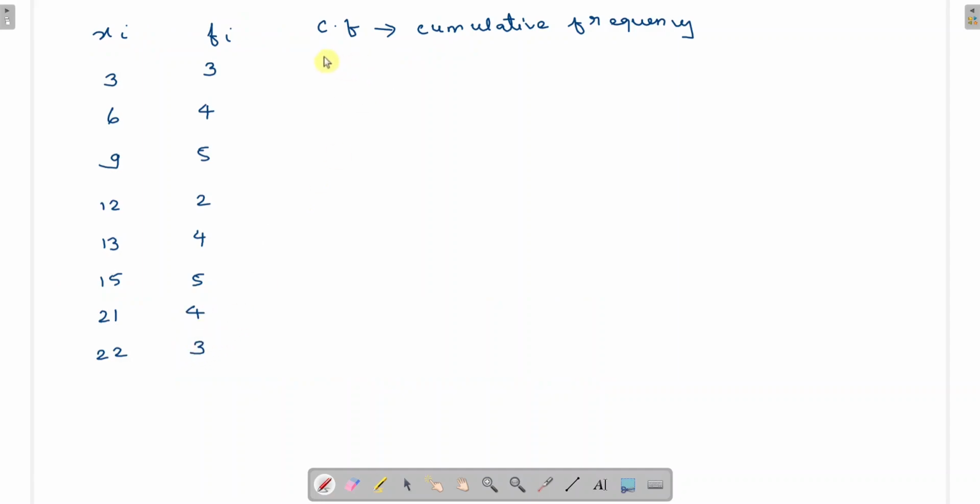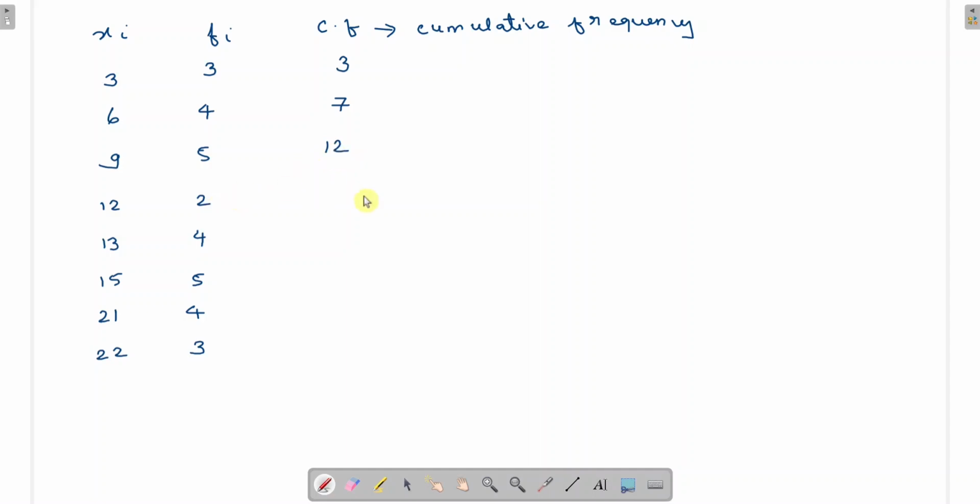Now the cumulative frequency will be as follows. 3 is written as 3, that is the first value. Then we add this 3 to this 4, so we get 7. Then 7 to this 5, we get 12.